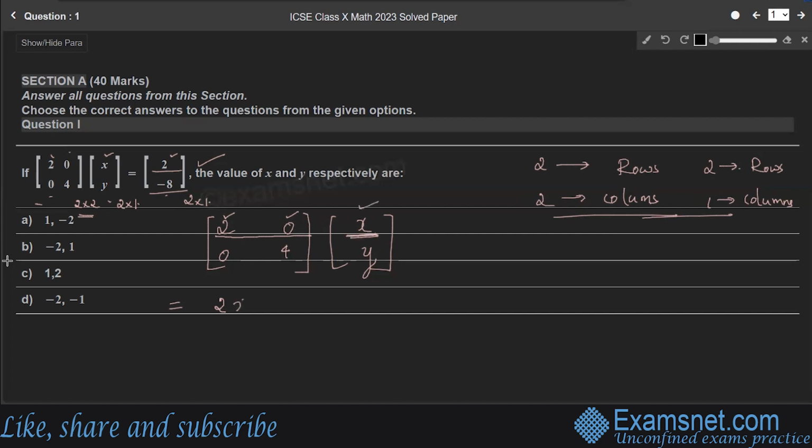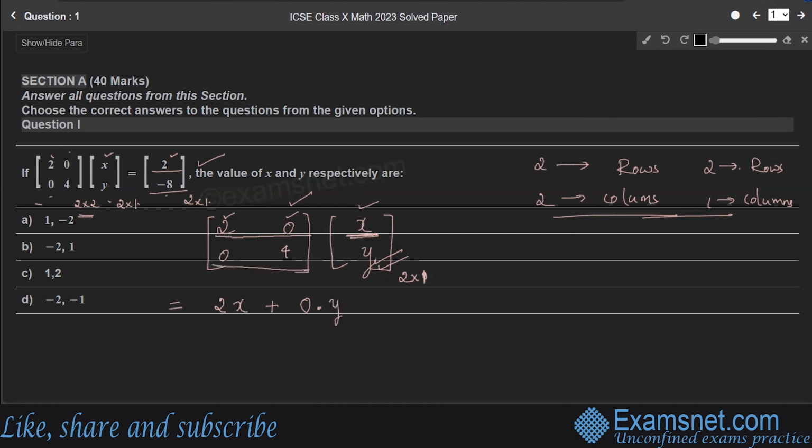So it is 2x plus the second element of the first matrix, which is 0, into, since it is a matrix of a single column, the second element of the matrix along the column, which is y. Therefore 0 into y.